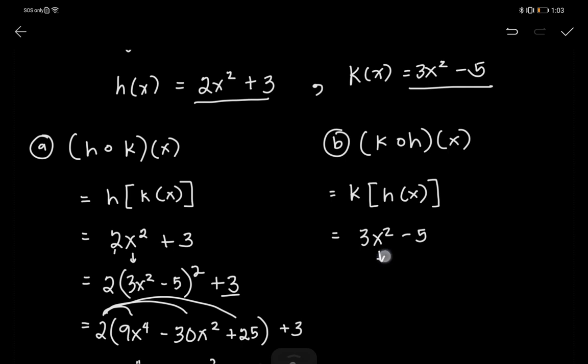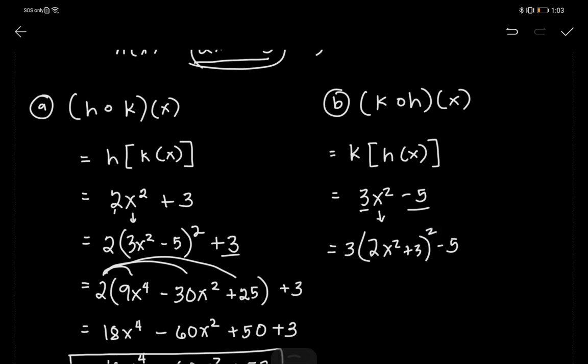Then substitute the value of your x. The input is the value of our h of x, so this is the input, 2x squared plus 3. Then bring down the 3 here and the negative 5.